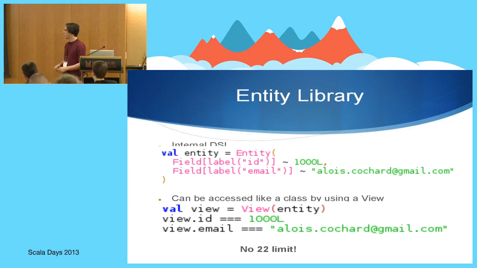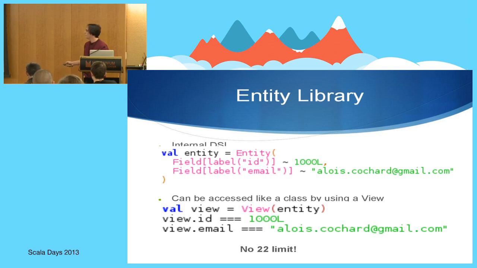So something I experimented with is creating a kind of view system. Currently it's implemented using macro paradise, which will very likely never land into the trunk of the Scala compiler. So we need to investigate how to use annotation macros to replace that implementation.